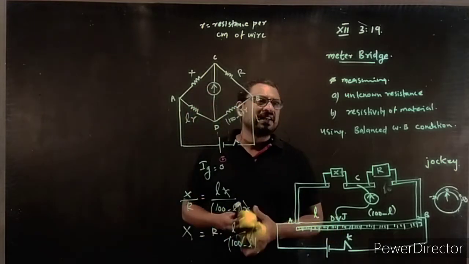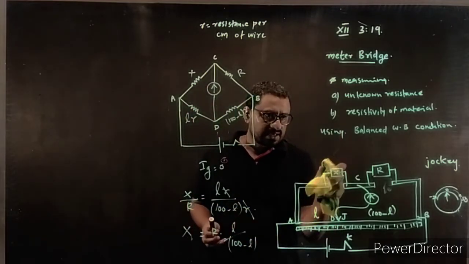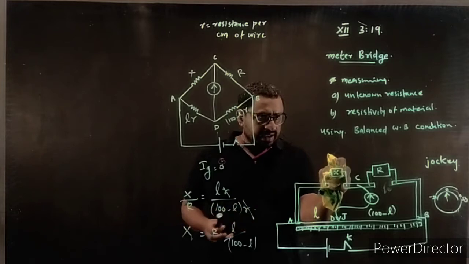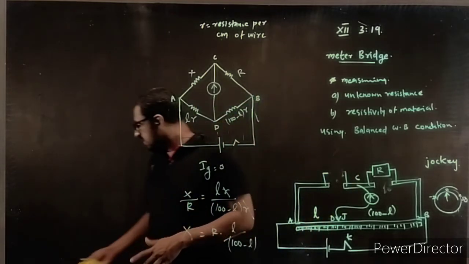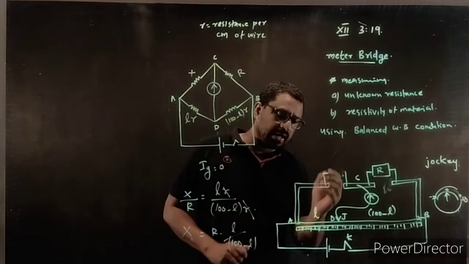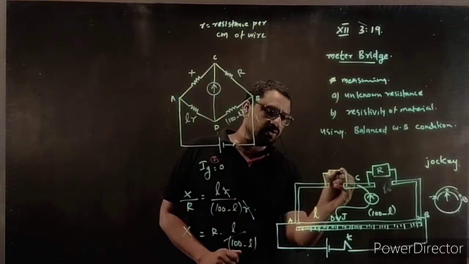Next is to find the resistivity. Suppose instead of this resistance, we have a wire whose resistivity is to be found.